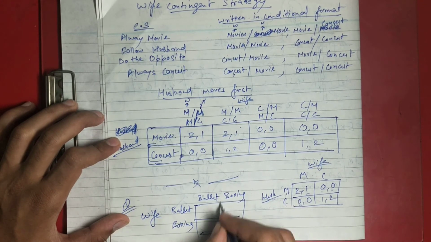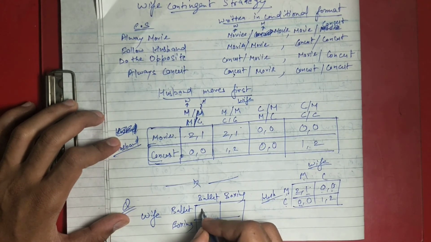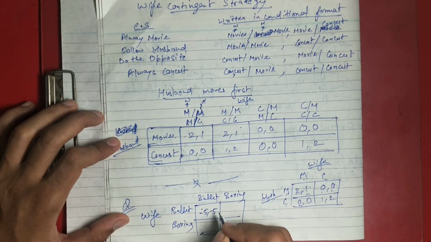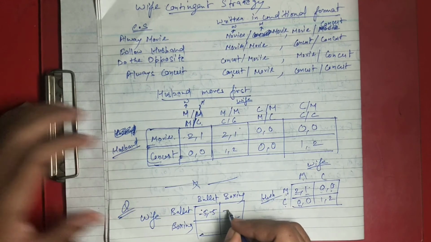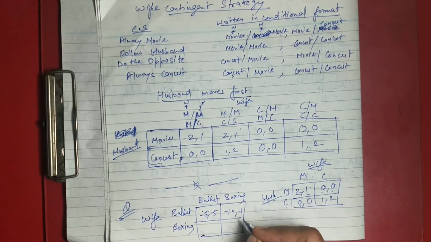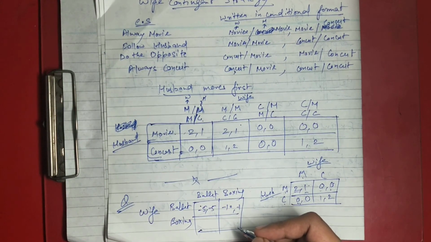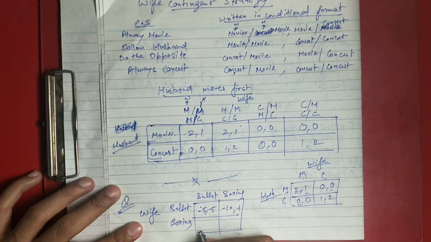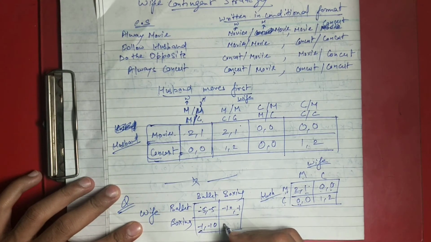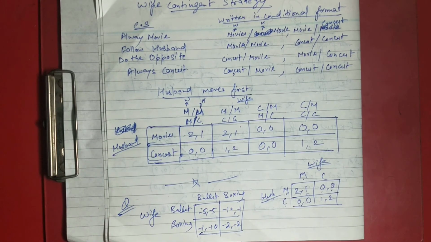So this is your question. Let's say it is -5 comma -5, and it is -10 comma -1, this is -1 comma -10, and this is -2 comma -2. This is the question for your homework.